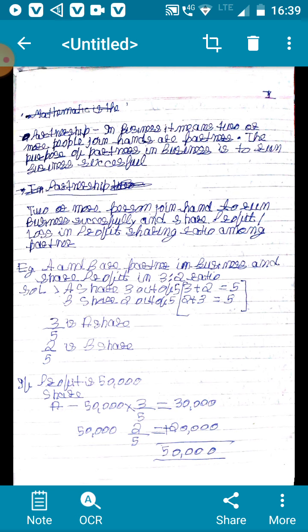The purpose of partnership. The purpose of partners in business is to run the business successfully.